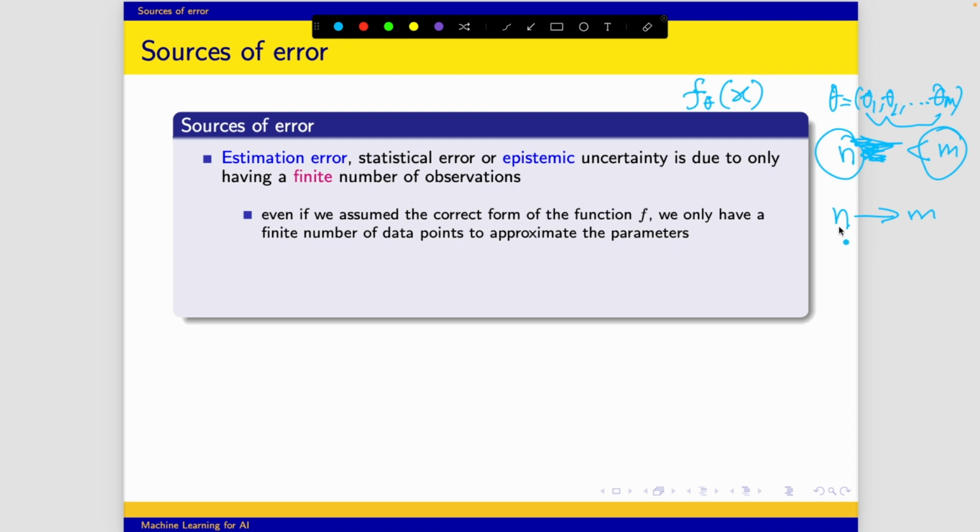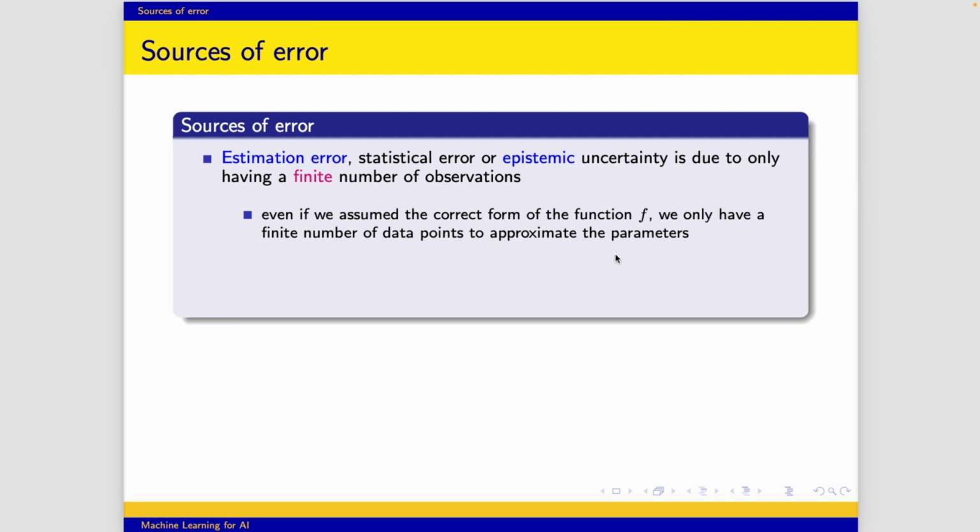But if we increase n, once it gets to m, in theory we can then find exactly all m of these. This is an illustration of what I mean by estimation or statistical error, as it's often called in statistics. In machine learning, we tend to call it estimation error or epistemic uncertainty, if you want to be very posh about it. As we increase the number of data points, we expect this to go to zero.